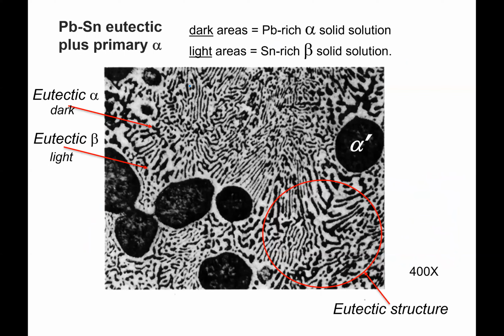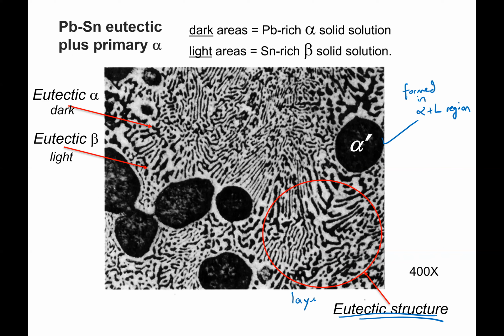So here's what it looks like in a real micrograph. You can clearly see that there are big spherical particles here, and that is my primary alpha, the alpha that was formed in the alpha plus liquid region. Upon cooling, it made nice spheres. And then we have the eutectic structure, which is just layers.